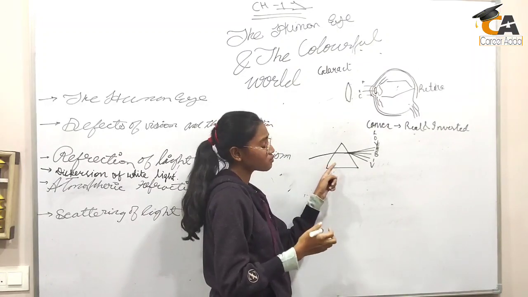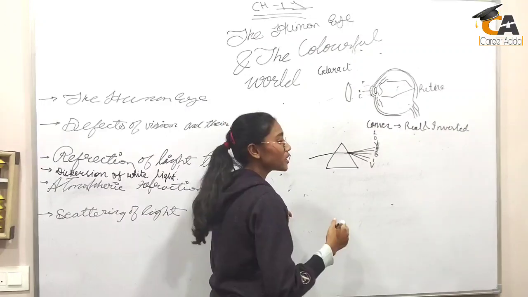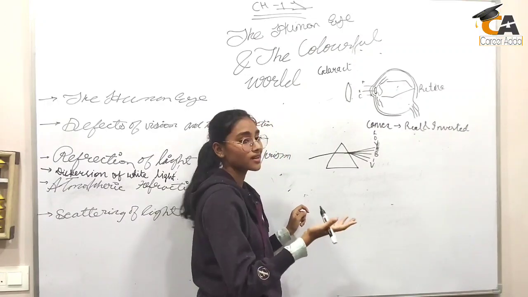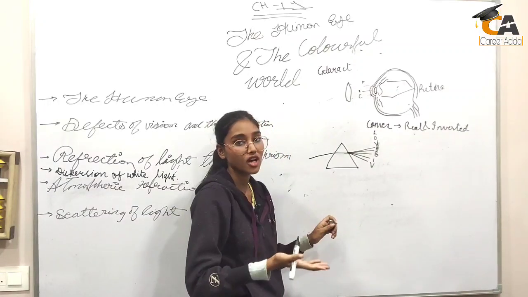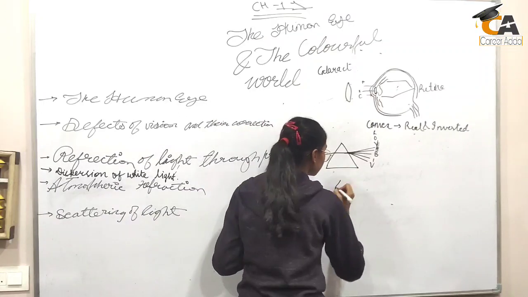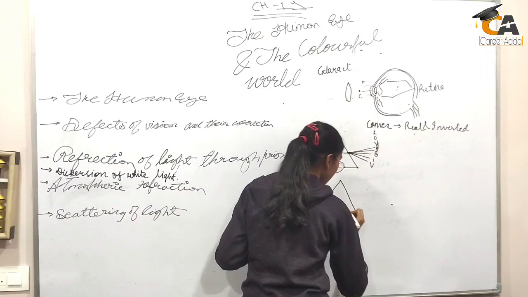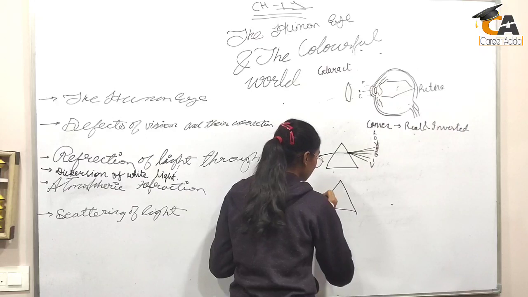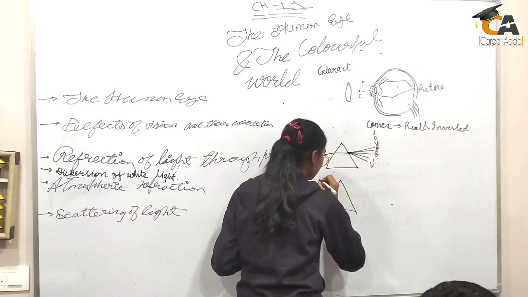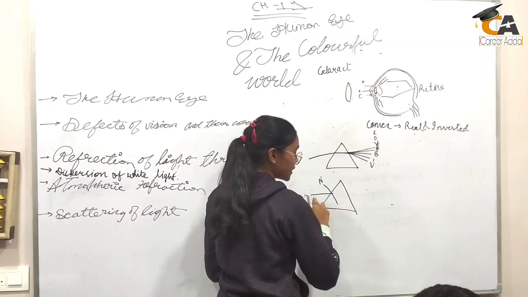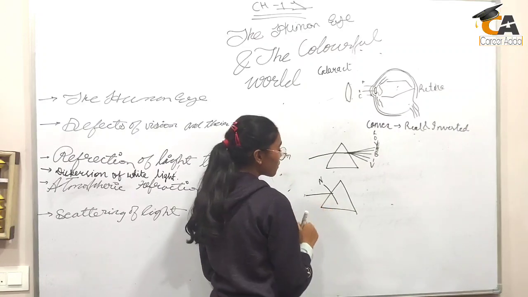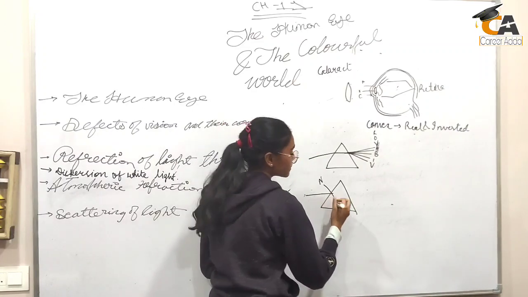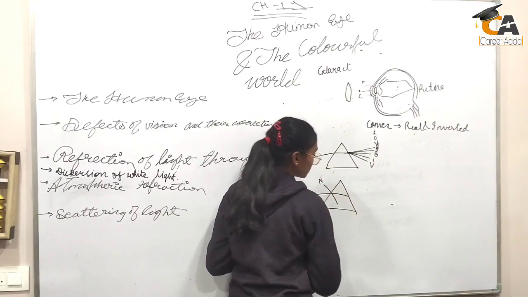Now why does this dispersion of light take place? Dispersion is the separation of light into different colors. So this is a glass prism. When light enters over here, this is the normal. As this is a rarer medium and this is a denser medium, when light rays come from rarer to denser medium, they go towards the normal.